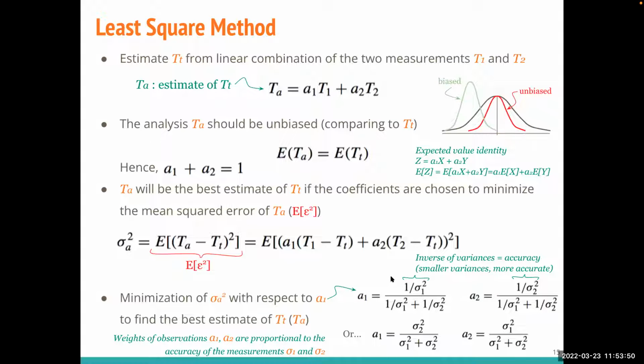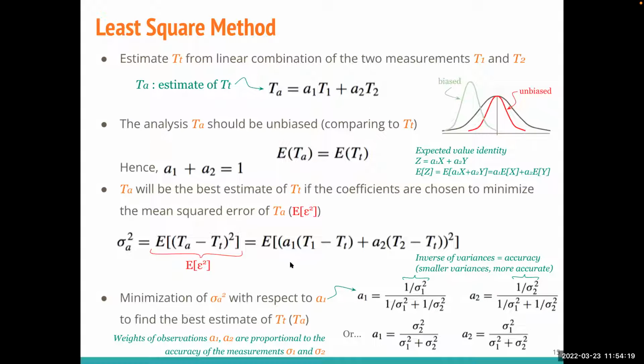Then after that we can find A1 and A2 by doing the same operation, minimizing the variance with respect to the coefficients, just like in the previous slide. So we want to minimize this one.